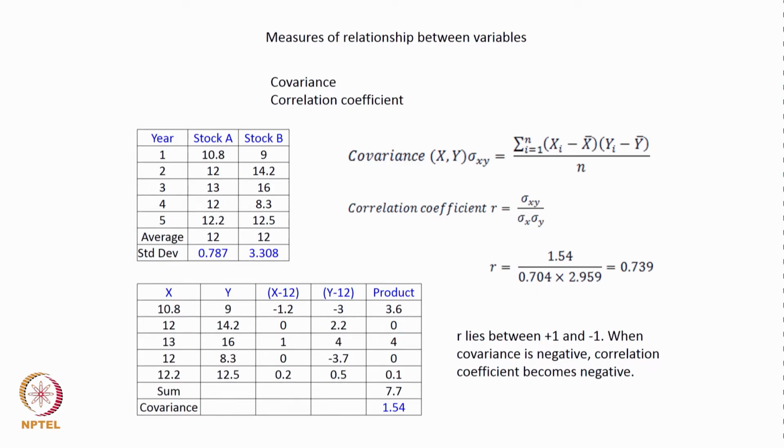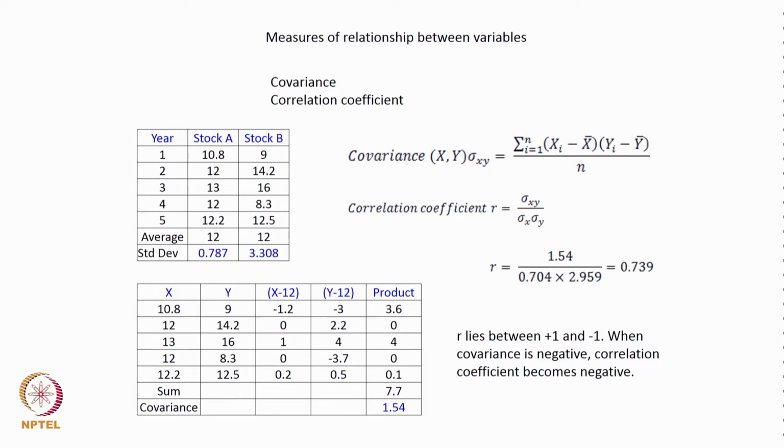So, at this point you might wonder why the values have changed. Here I have shown 0.787 and 3.308, while I have used 0.704 and 2.959. The reason that was done is, here when I found the covariance, I divided by n, which is the number of observations, which is 5. Whereas when I did the standard deviations here or the variance here, I had used the n-1 sample formula.